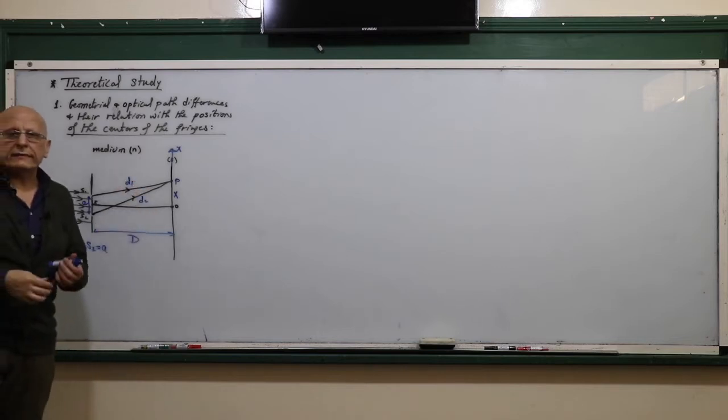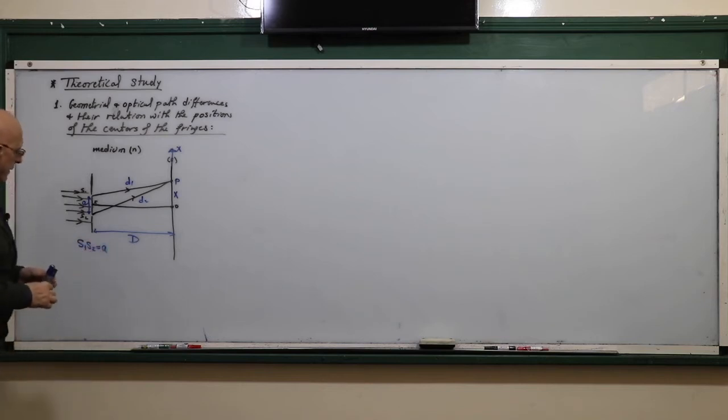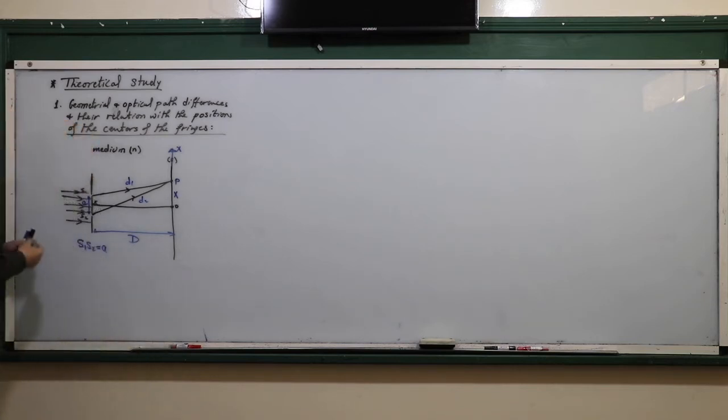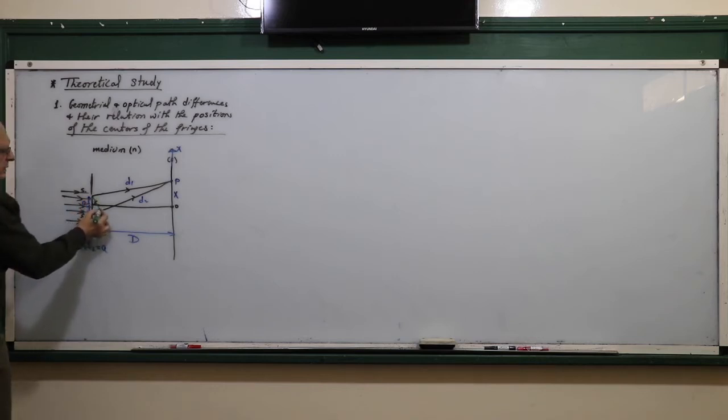We said that the geometrical path difference is the projection. I make a projection from S1 to D2. This is delta, okay?